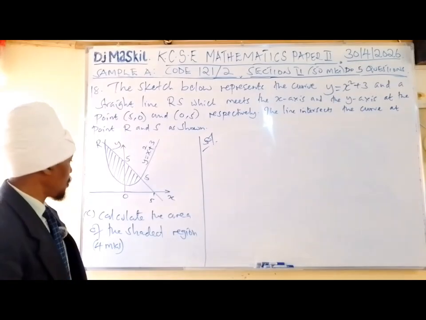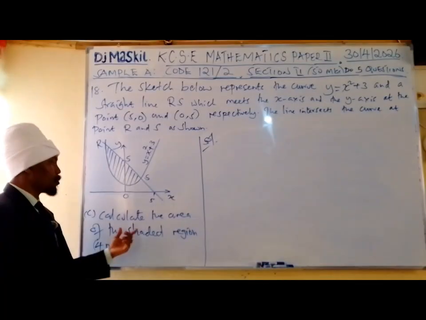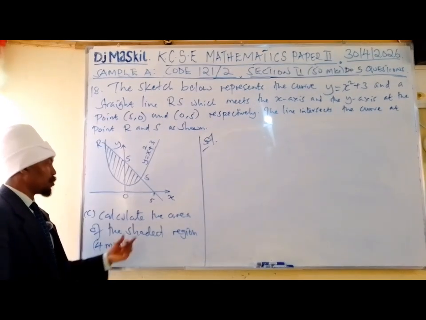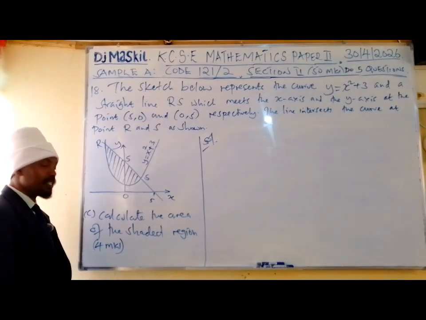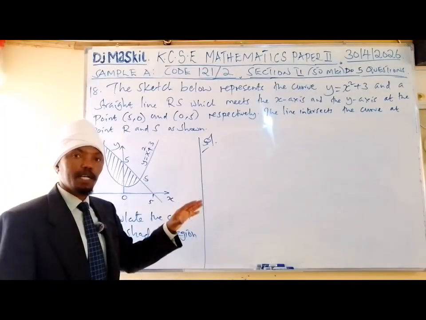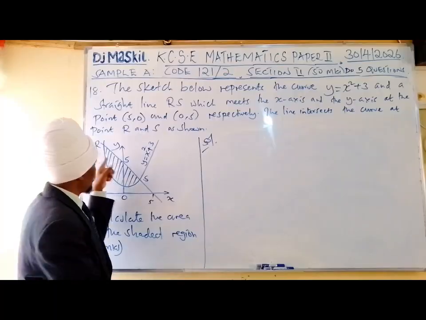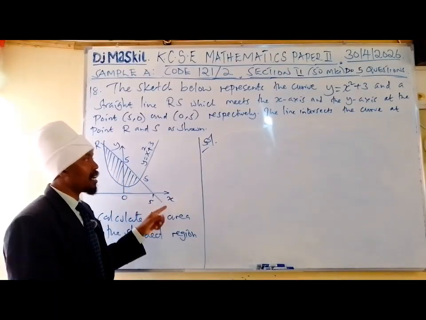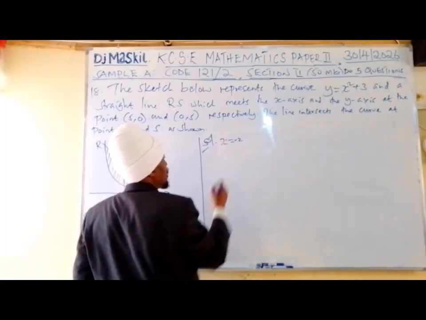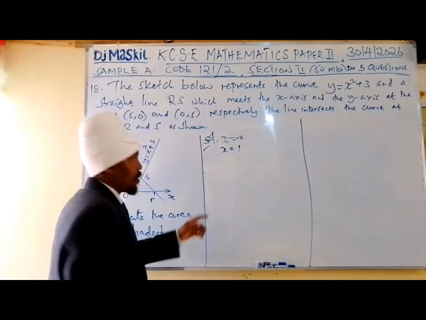So part C of the question is asking you to calculate the area of the shaded region. Solution. So in part B of the question, we equated the equation of the curve and the equation of the line RS, and we found that x is equal to negative 2 and x is positive 1.